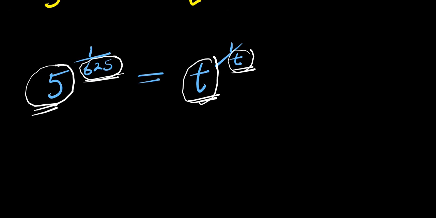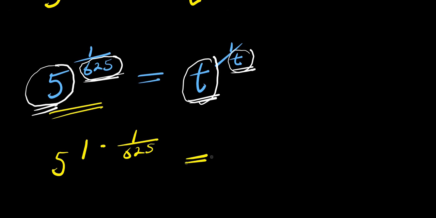So because of that, we will make use of this concept. I can rewrite this as 5 to the power of 1 times 1 over 65. And this equals t to the power of 1 over t.